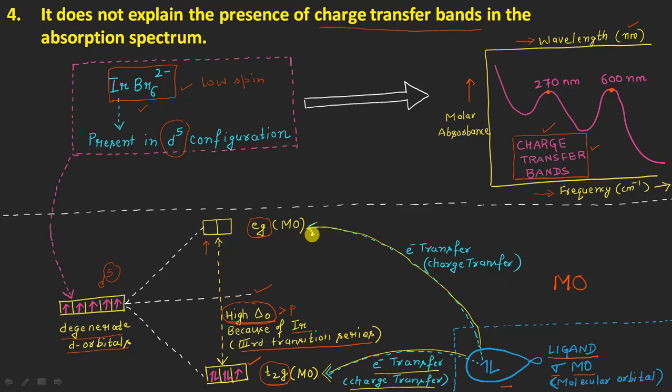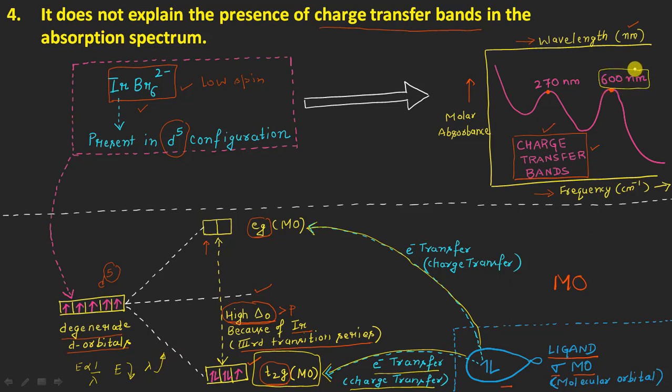Now, as the T2G set of molecular orbitals are lower in energy, and we know that energy is inversely proportional to wavelength, when these electrons are transferred to these low energy molecular orbitals, they will show a band at a very high wavelength, which you can see here at 600 nanometers.